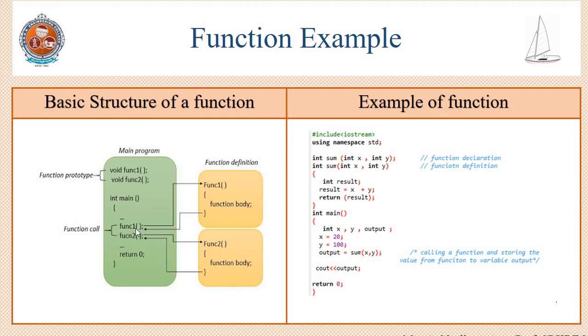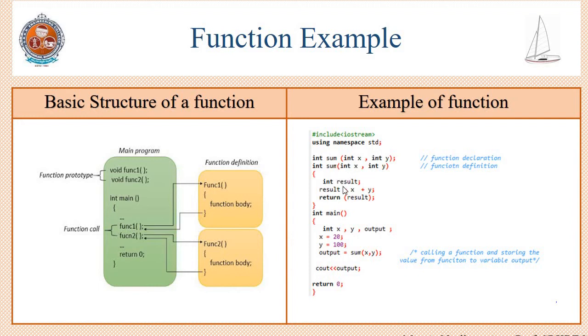When this statement executes, it directly goes to the function definition, executes the function body, and again comes back to the statement where the control was transferred. Next it executes the next statement, function2. When this statement executes, it directly goes to the function definition, executes the function body, and again the control transfers back to the function call, and the next step will be executed. This is the basic structure, and this is an example for that.